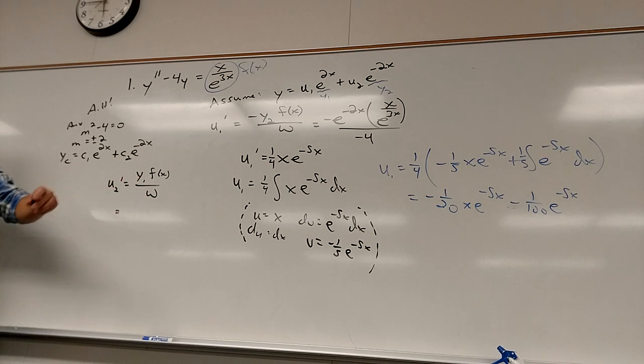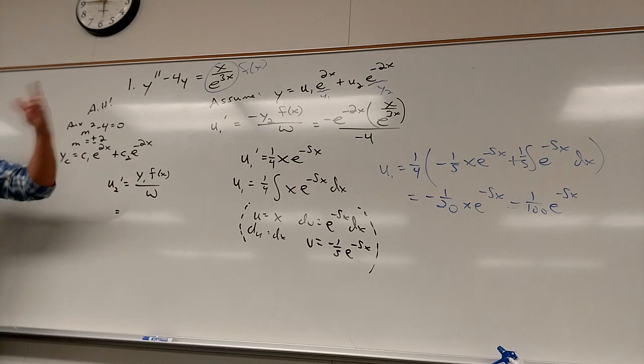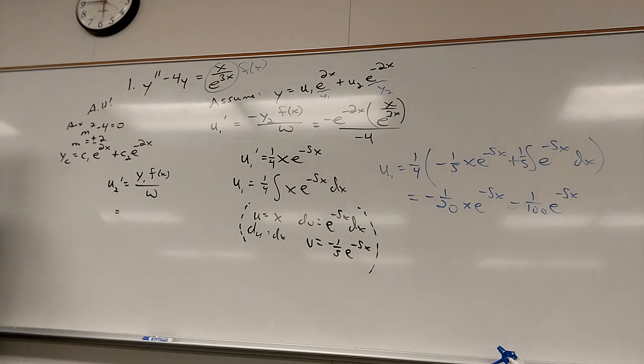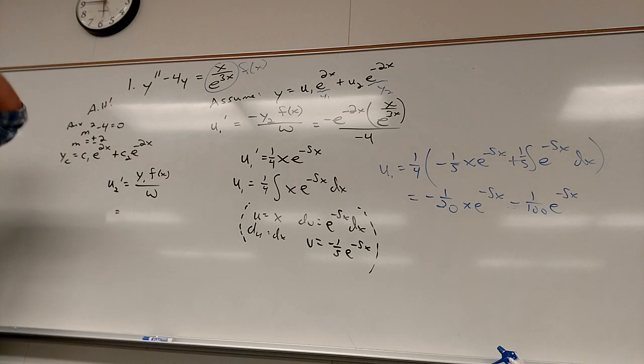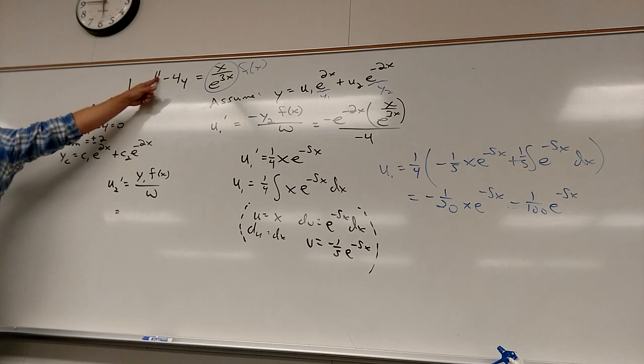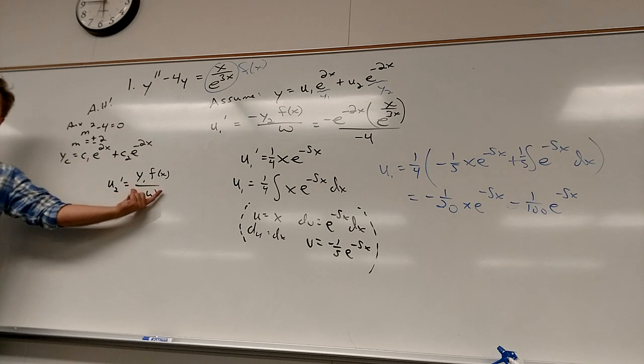Let's see if you guys really get this. But more specifically, why can't I just go straight to U2 prime without building it off of intermediate Wronskians? Because this is built off of Wronskian 1 over Wronskian 2. It's because it is second order, so I only have to go up that far. So that's why there's this little shortcut for second order.